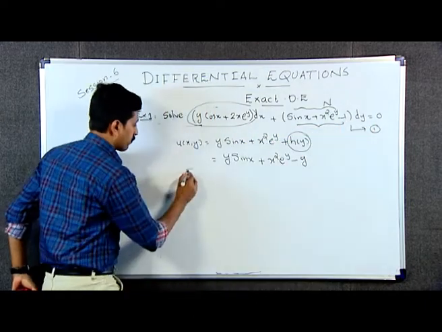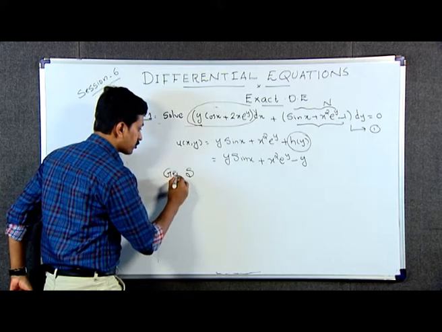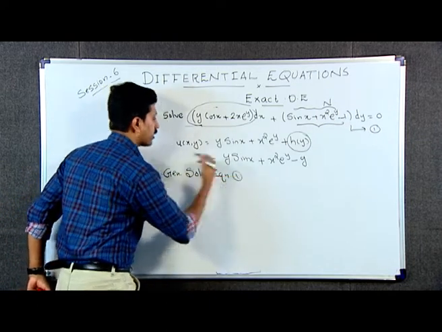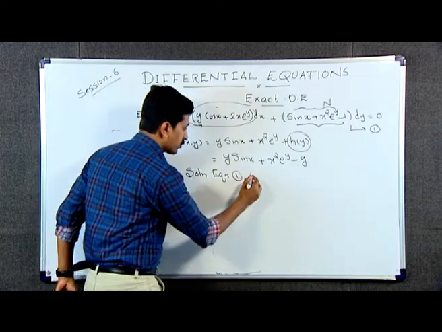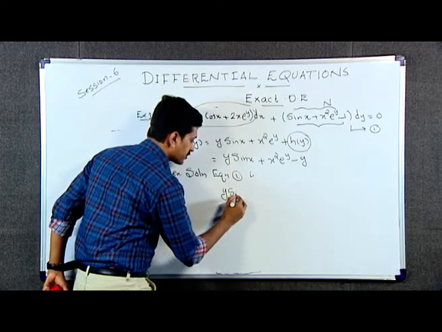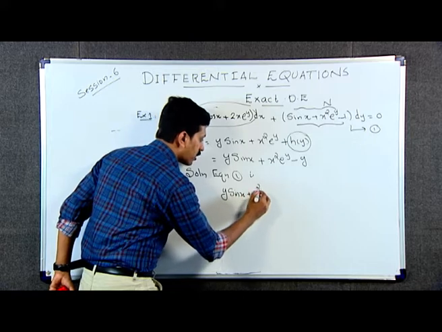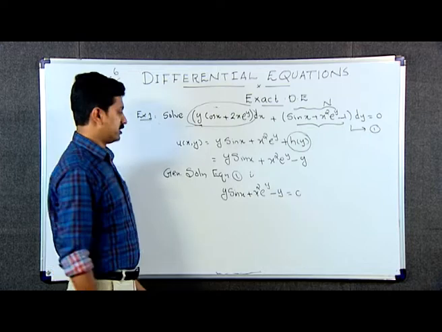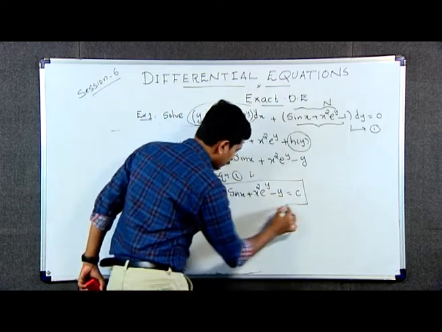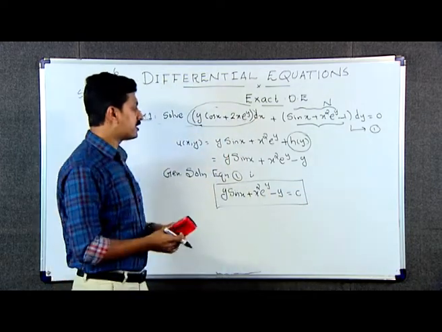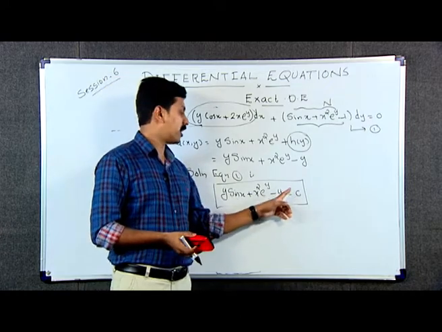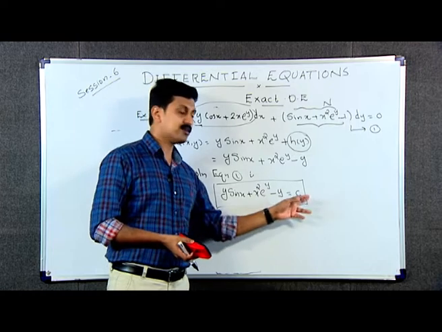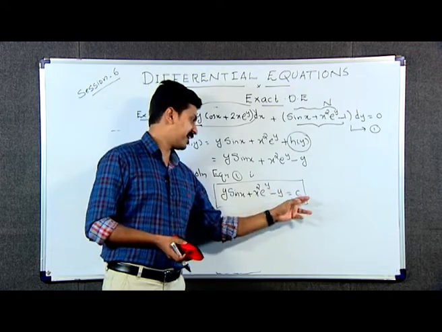Therefore, the general solution of differential equation 1 is y sin x plus x square e raised to y minus y is equal to c. As we discussed in the earlier sessions, this c is an arbitrary constant and it can take any value, working as a variable.